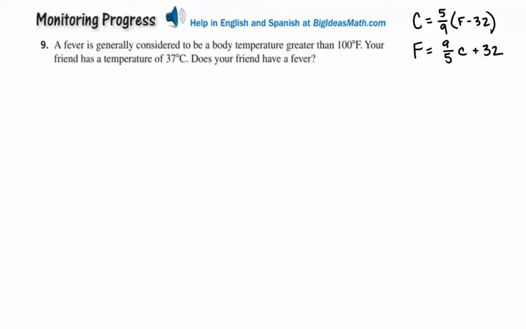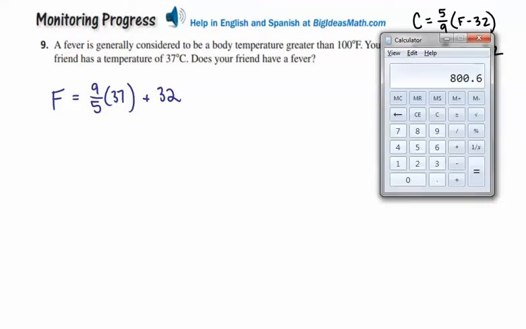Well, so what we would have to do is convert this into Fahrenheit. So we go back to our formula. Fahrenheit is 9/5 of the Celsius plus 32. And so we need our calculator, and we bring that up.